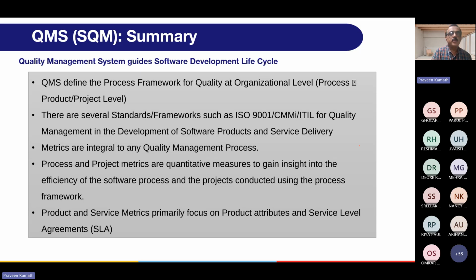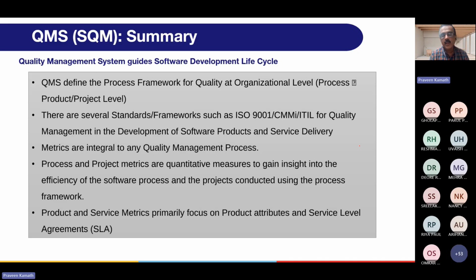Now, software quality management or quality management system summary. QMS defines a process framework for quality at organizational level, process, product, and project level. There are several standards and frameworks such as ISO 9001, CMMI, ITIL for quality management in the development of software products and delivery, service delivery.